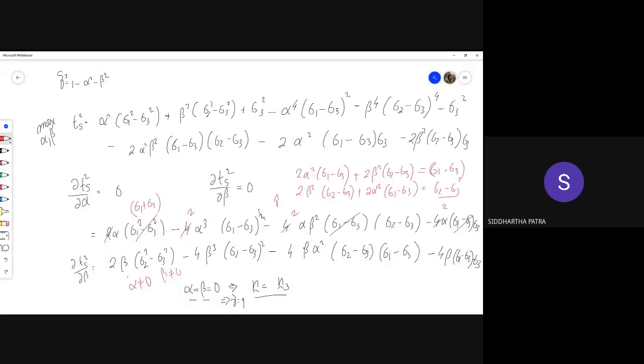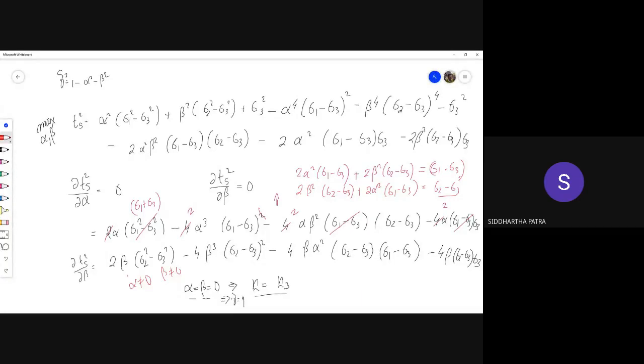So ideally, we should be able to solve these two linear equations, linear in alpha squared and beta squared, to get the final expression, right? But can you tell me what is the problem here?